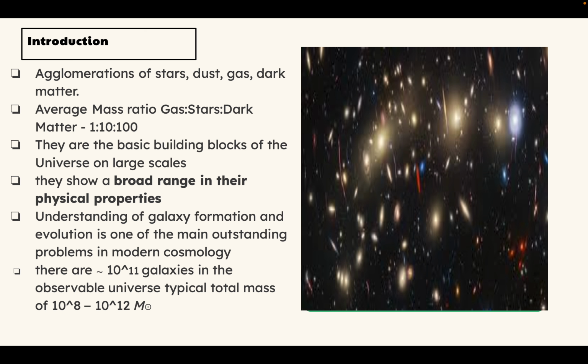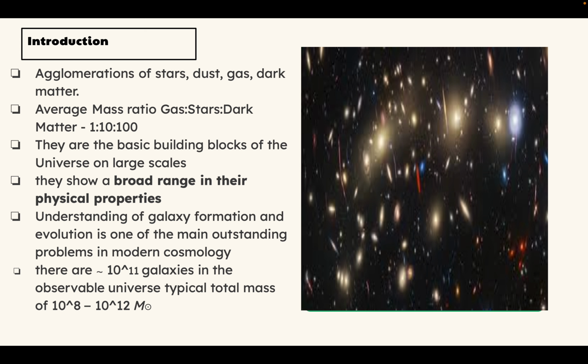But this ratio varies depending on what type of galaxy you are studying. On average, this mass ratio of gas versus stars versus dark matter is 1 to 10 to 100. They are the basic building blocks of the universe on the large scale, you can say.